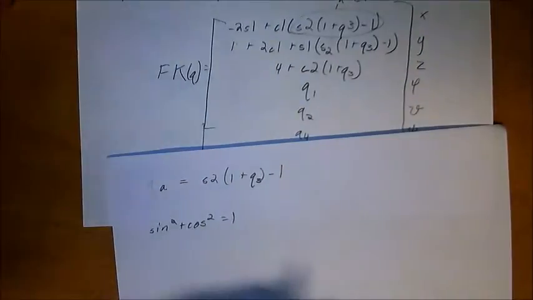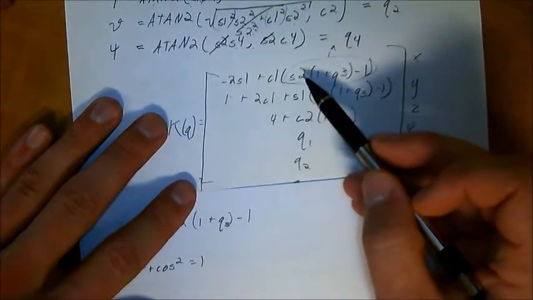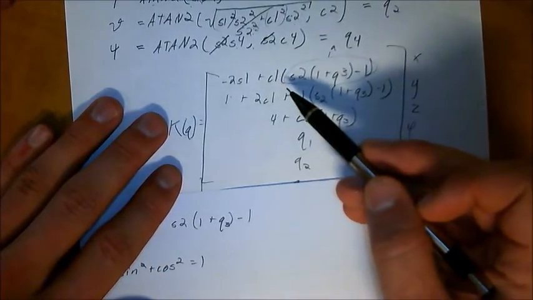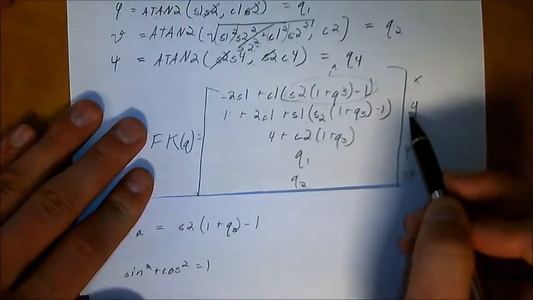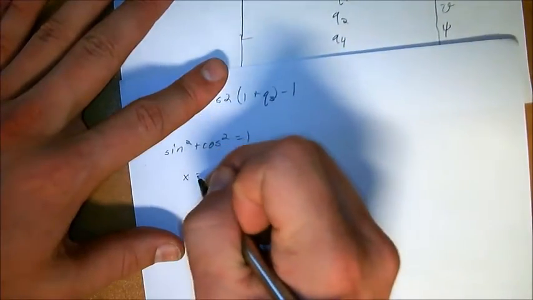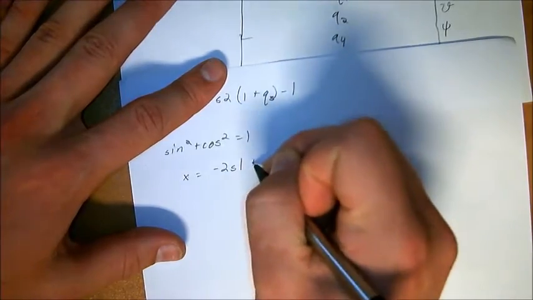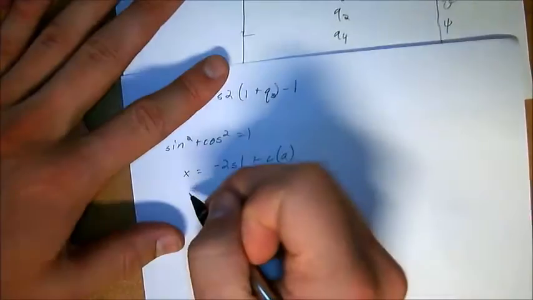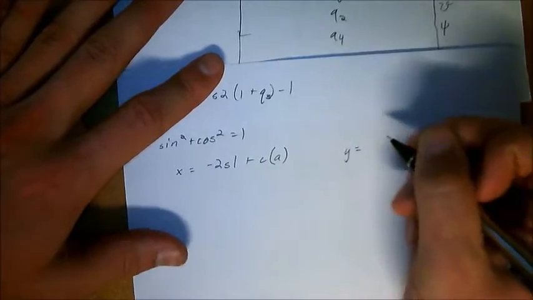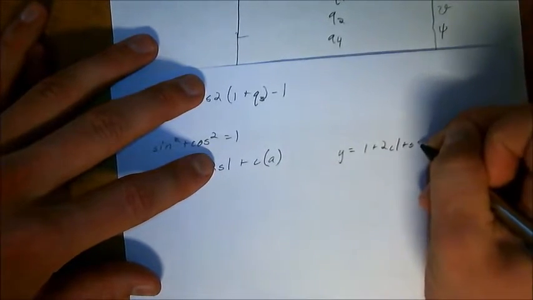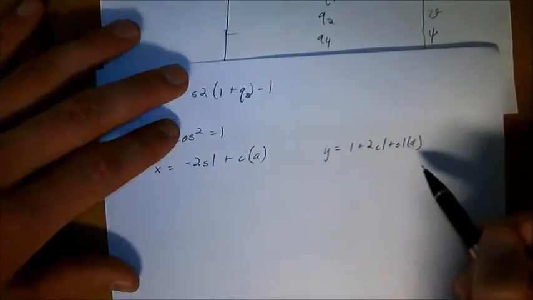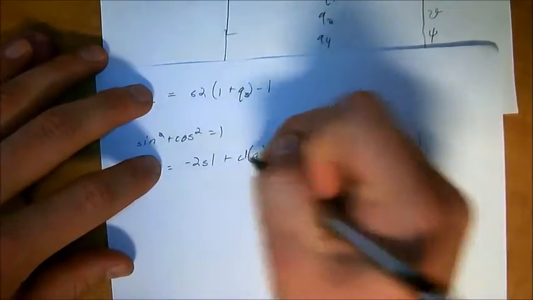But you end up with an x squared plus y squared in just a minute when I'm showing this to you. So we have a lot of sines and cosines running around up here, as you can see, and I want to get this stuff simplified. So I'm going to take these parts of the vector right here and set them equal to x and y, so I get it quick and easy in equation form. x is equal to negative 2 sine of q1 plus cosine of q1 times a, and y is going to equal 1 plus 2 cosine of q1 plus sine of q1 times a.